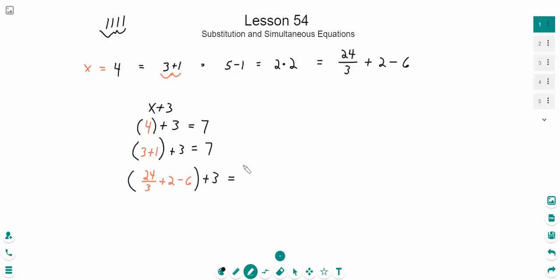And then 4 plus 3 is 7. So again, we see that no matter how complicated this expression is, so long as it has the same value as the original value for x, we can plug it in.